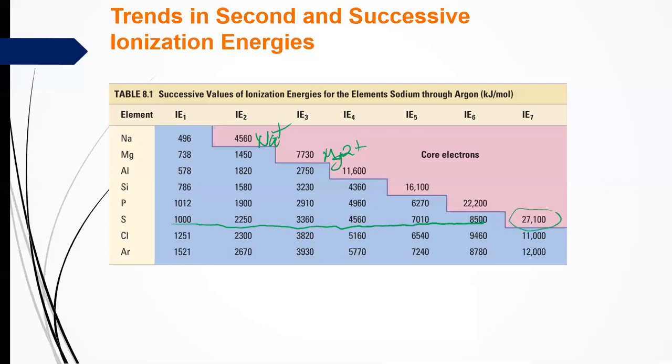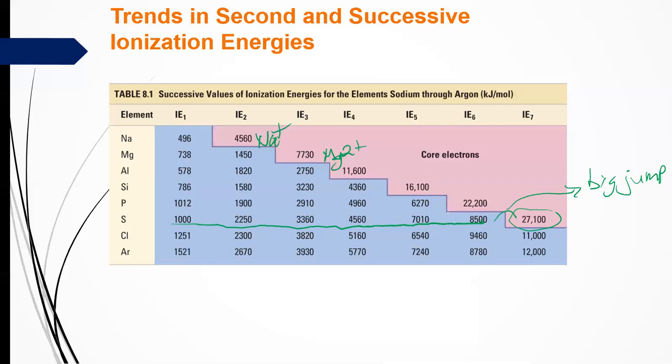And so this is where the big jump happens. So when you're trying to compare things, once you have all of that, you want to be looking for the big jump, and that's telling you when you start to remove a core electron.